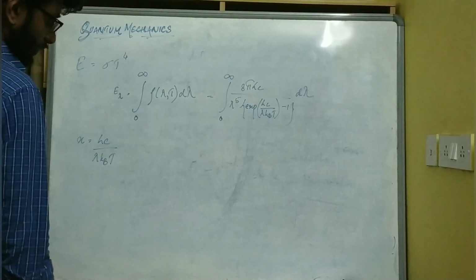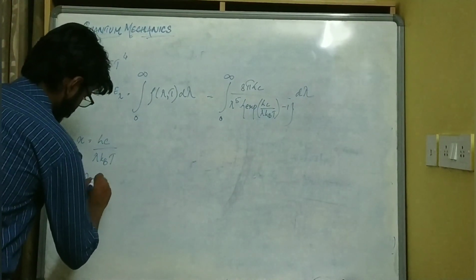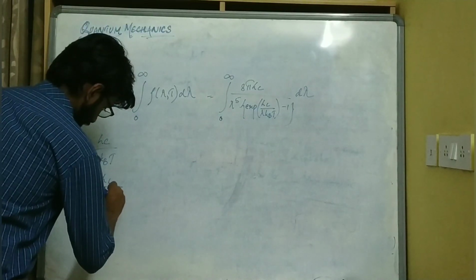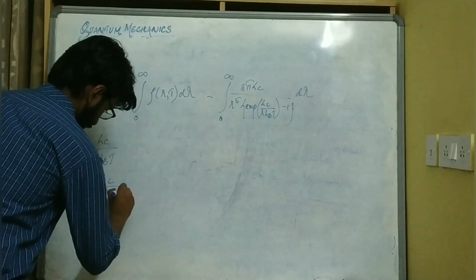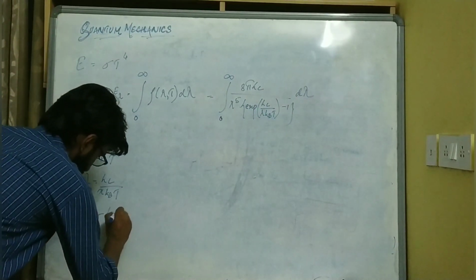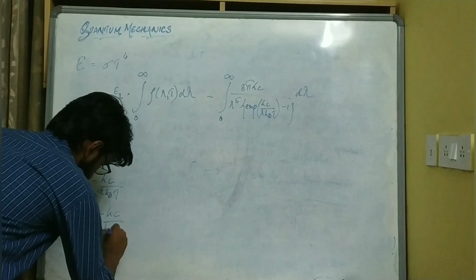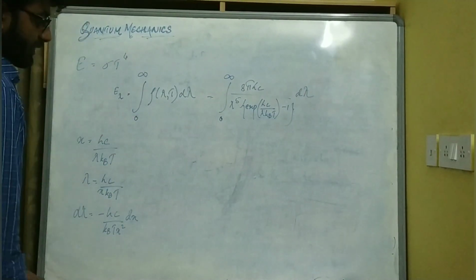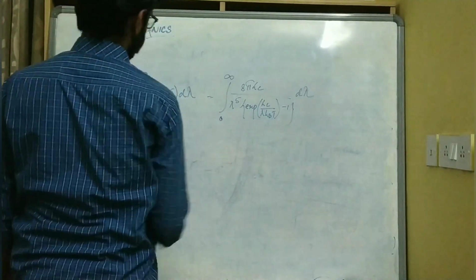So lambda is equal to hc by x kbt, and d lambda will become minus hc by kbt x squared dx, and we need to substitute this into the expression.